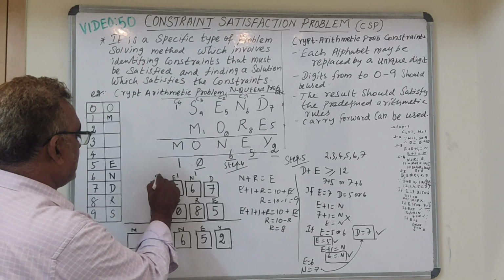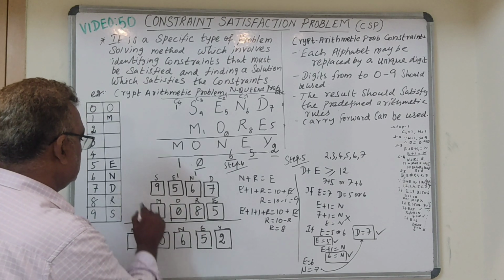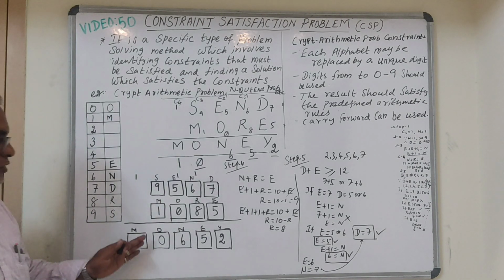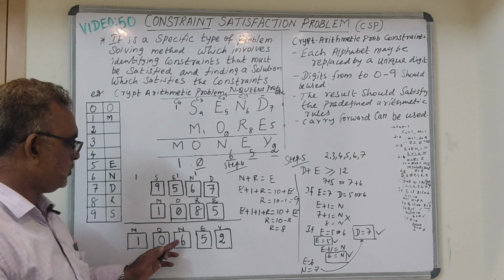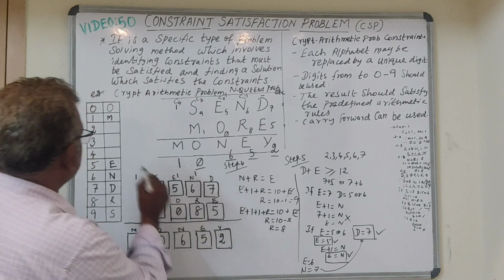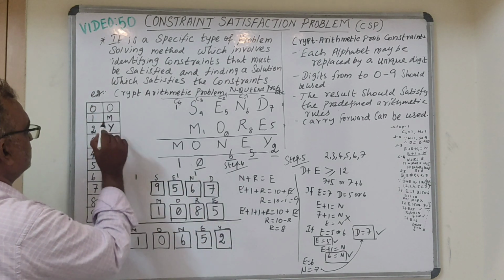And there is no carry here, so 9 plus 1 is 10, and we have a carry, which is 1. So the solution of this problem is 10652. One alphabet is missing here, that is 2, that is Y.